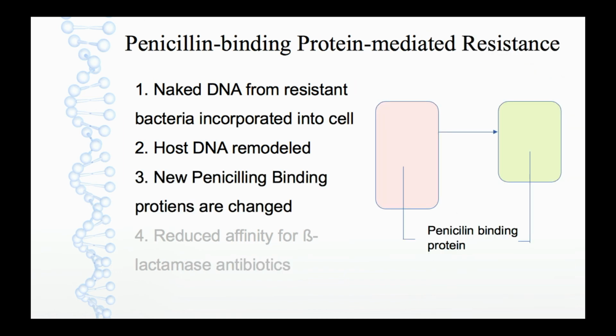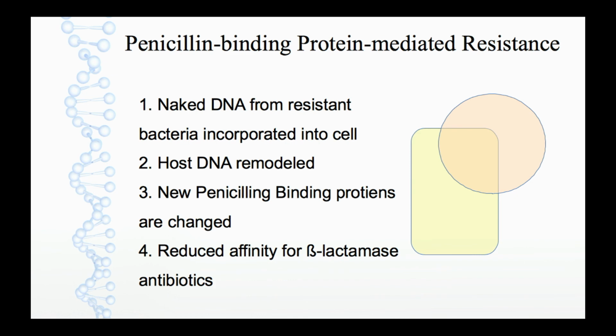When that host DNA produces a new penicillin-binding protein, it's slightly different, and it's different enough that it is resistant to the beta-lactam, but it's still able to produce a cell wall. So you can actually have transmission of DNA from one bacteria to another that provides the resistance, and you produce new penicillin-binding proteins. This gives you a reduced affinity to the new beta-lactam antibiotic or to the old beta-lactam antibiotic, and that's how these types of resistance are spread.